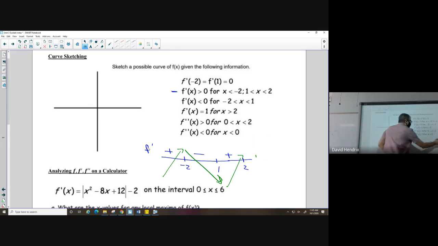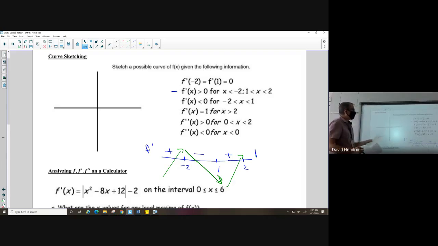Did I mess something up? I feel like I messed something up there. Usually I make this go the opposite direction, it would be negative, but I guess not. I'm going to continue it as a straight line. We'll answer the question on the page and not maybe the question I intended to put up there.